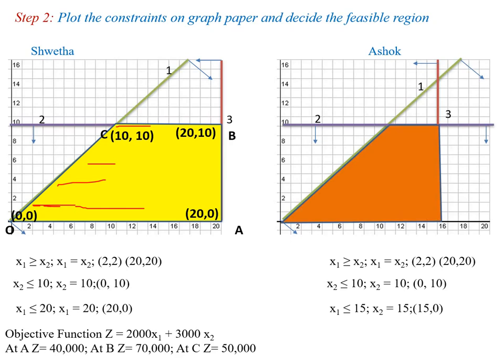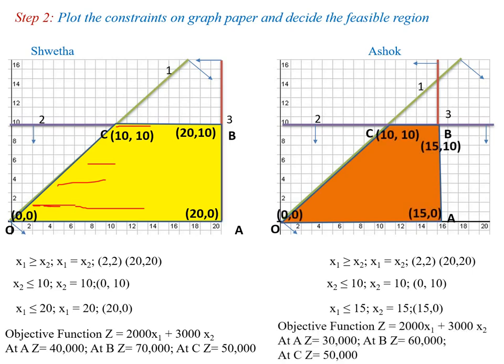Here the feasible region is OABC, and we have to substitute these coordinate values in the objective function. Then we will get the Z values: 30,000 at A, 60,000 at B, 50,000 at C.